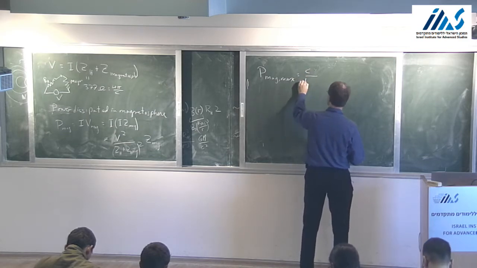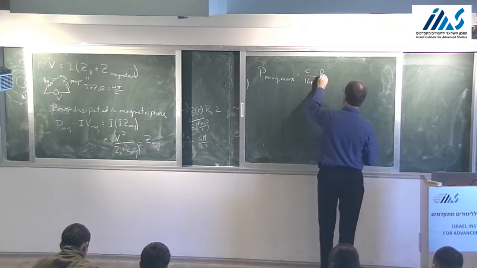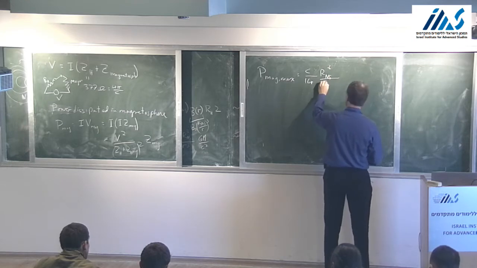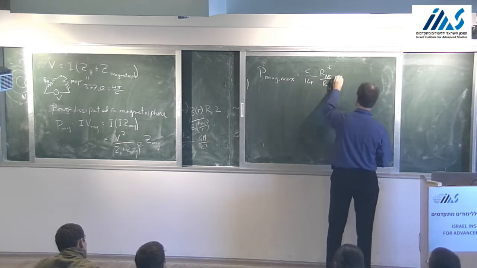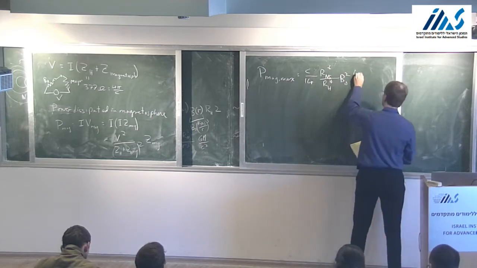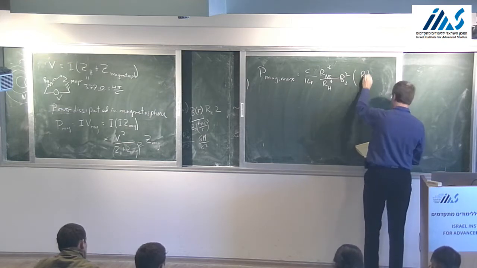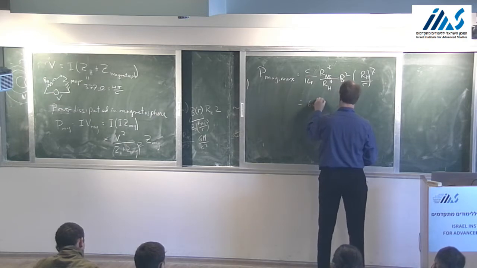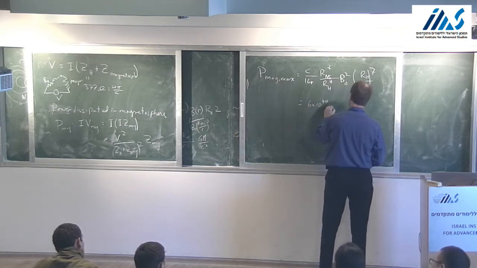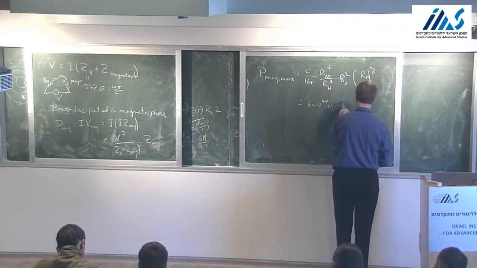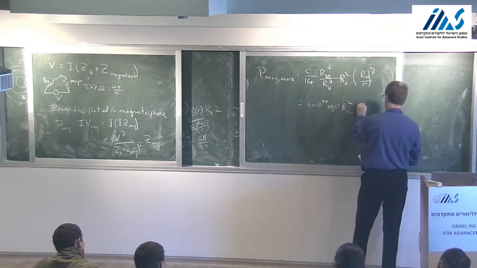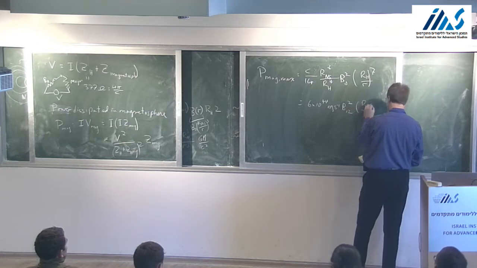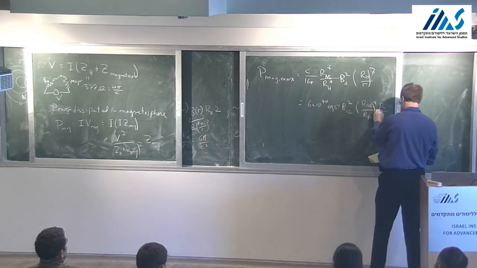And that's basically c over 16 pi, R neutron star to the 6 over R black hole to the 4th, B0 squared, R horizon over R to the 7th. And with numbers, that's 6 times 10 to the 44 ergs per second, B12 squared, R neutron star over R black hole to the 4th.